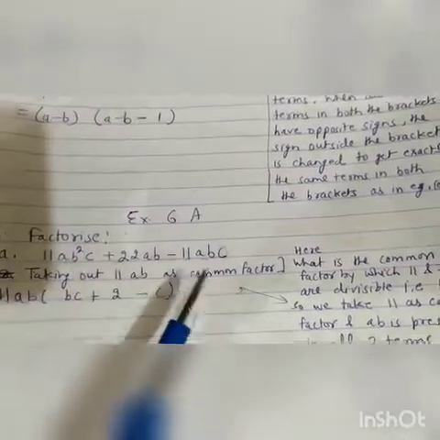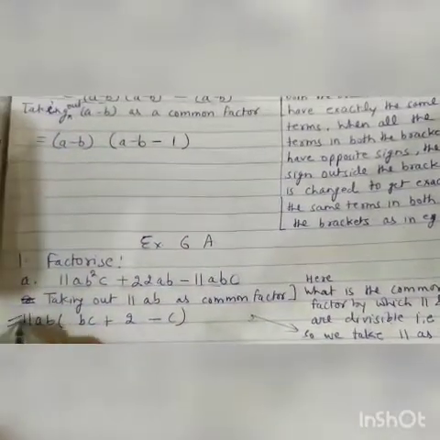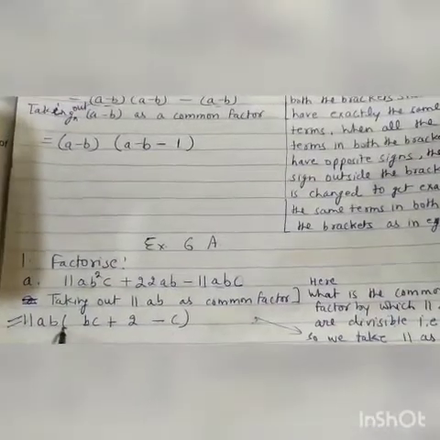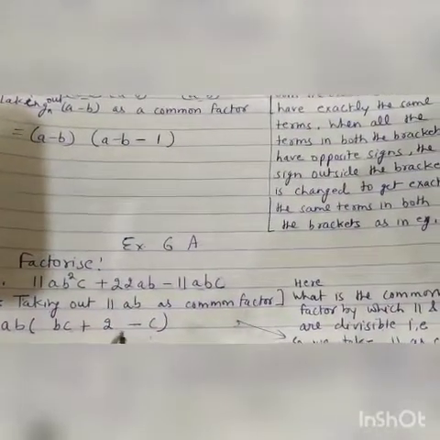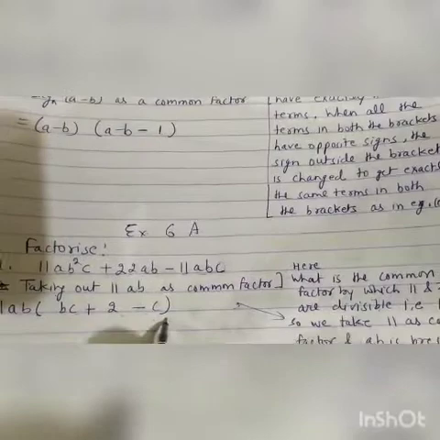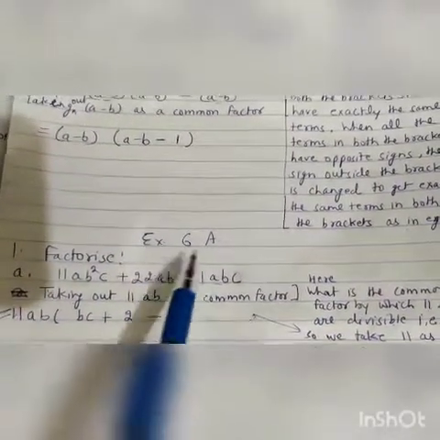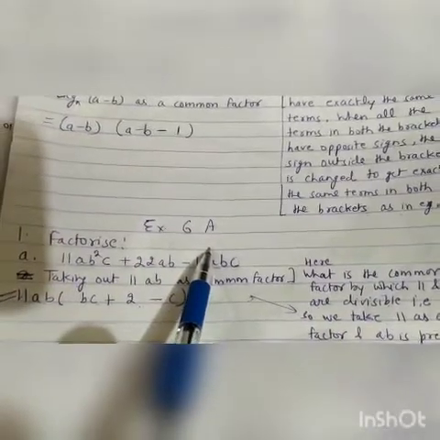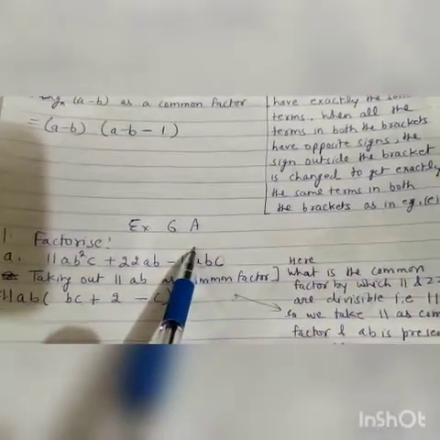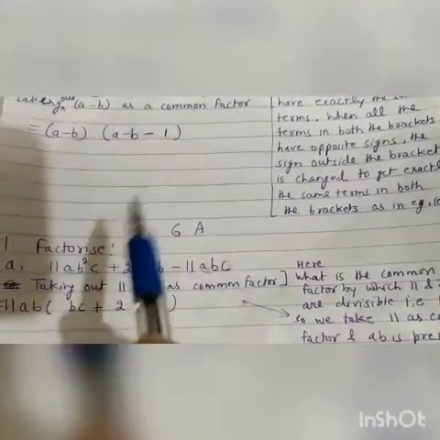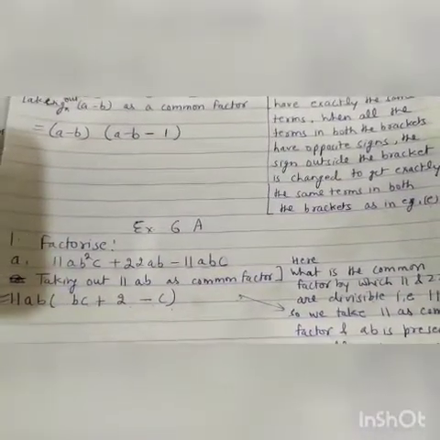So what is the answer? We will take 11ab as common: 11ab(bc plus 2 minus c). Today I have explained only part A of exercise 6A. In the next class I will explain all parts of example 3 and the remaining questions of exercise 6A.